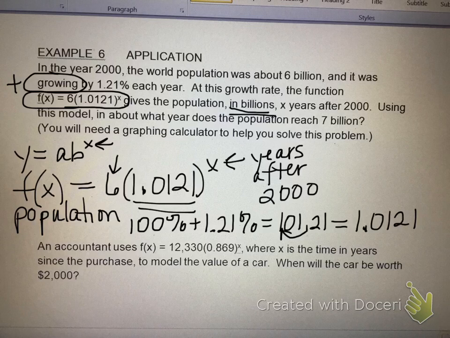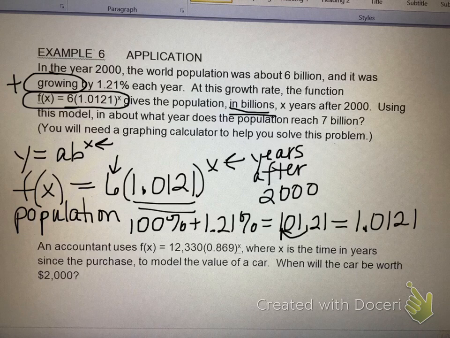Now remember, f of x or y is population. That's what they told us in the problem. So you're going to scroll down your y's until you see the first time it switches to 7 billion. We're looking for 7 point something. Now, remember, this is number of years after the year 2000.